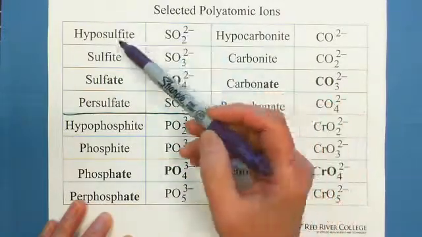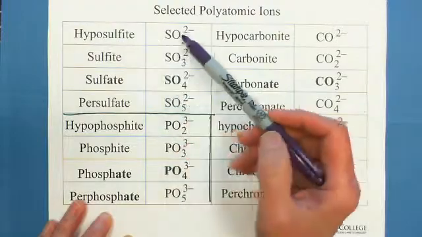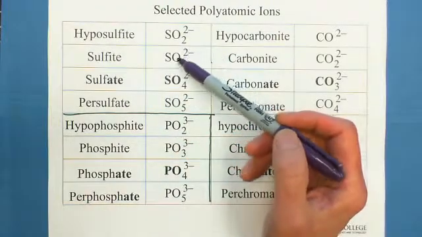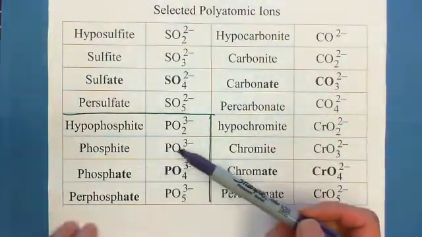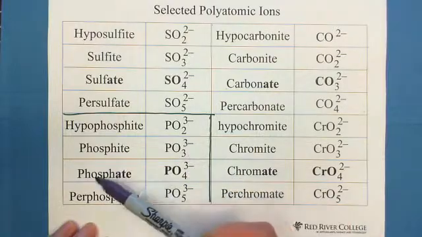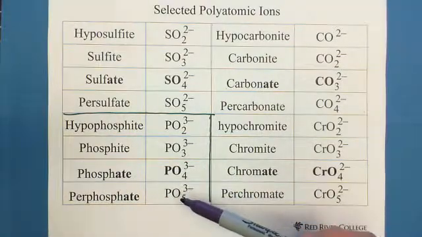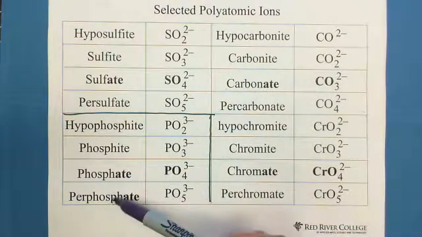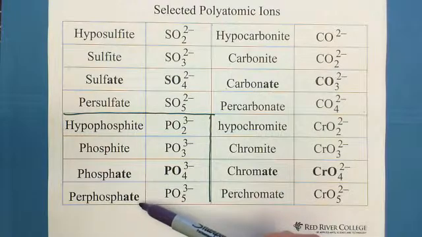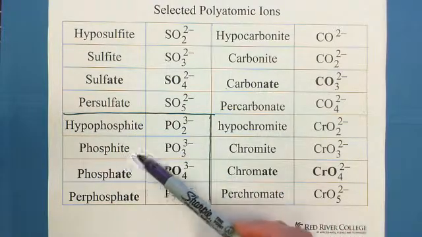Another one less is hyposulfite. PO4 is phosphate. One more oxygen, PO5, is perphosphate. One less is phosphite.